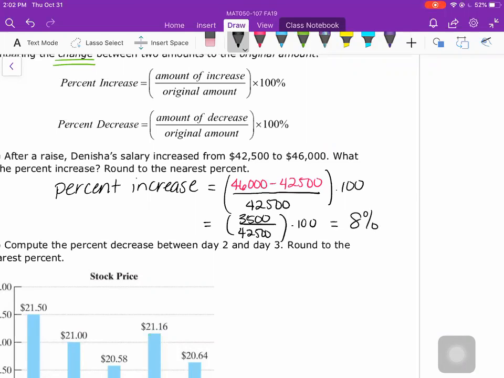I think I'm having a hard time with the language of those rounding directions. Yeah, you'll practice them on Alex. You'll review them in the test review as well. To the nearest percent is like saying round to the nearest number of books, round to the nearest number of people. It is the same thing as saying round to the nearest whole number.